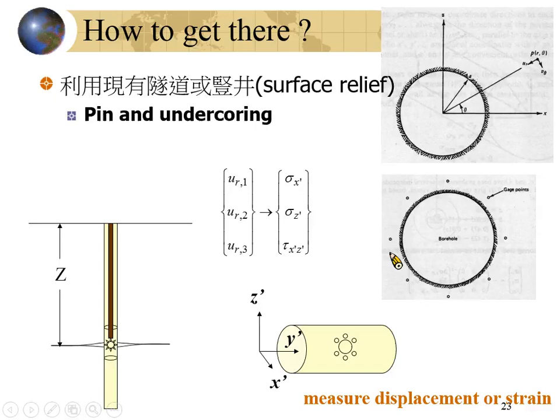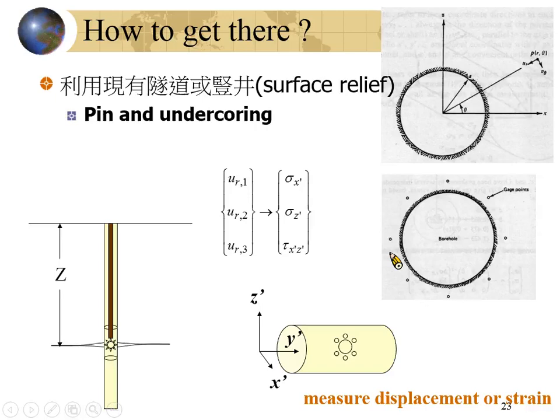If you have the measurement at different locations of the tunnel, here you're trying to measure the in-situ stress, and here you're trying to measure the in-situ stress. Then you can try to infer the in-situ stress. Why do you need to have this kind of transformation?